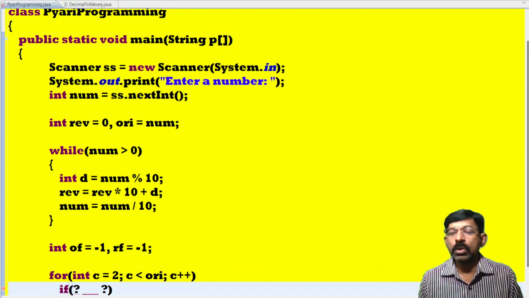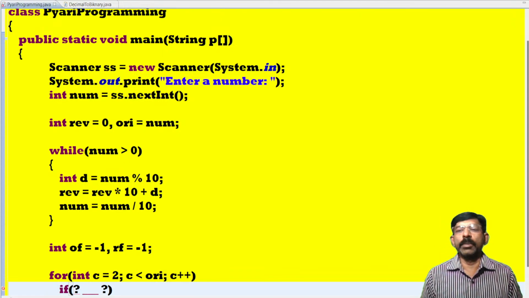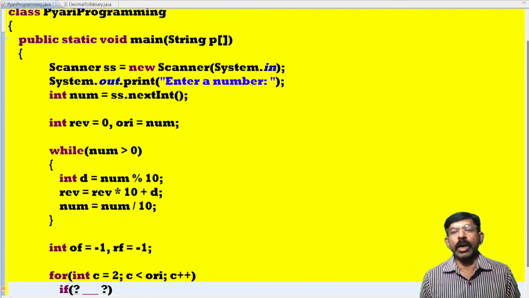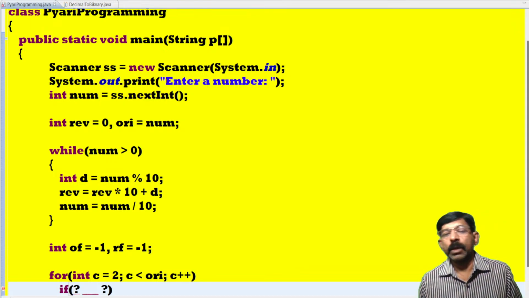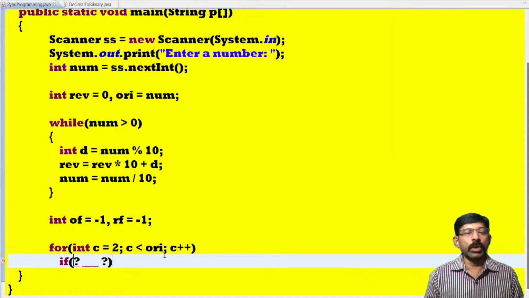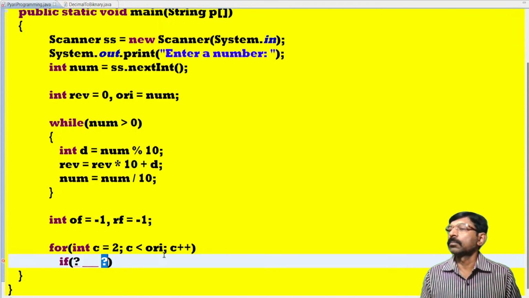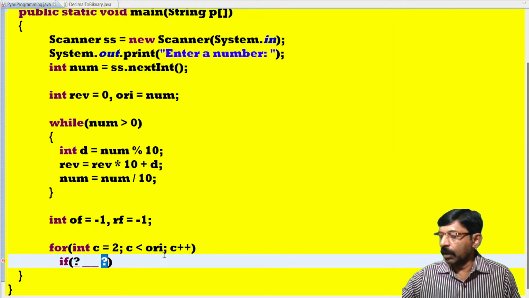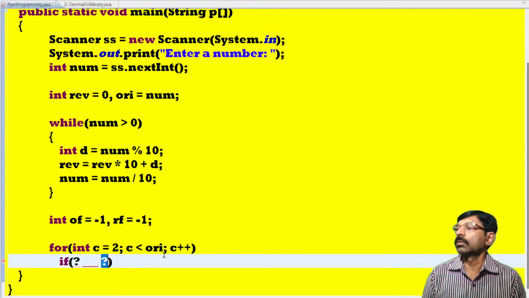It is not or, it is ori because we have taken the variable as ori. Good job, Ayushman. Okay, so quickly tell me which one I should take over here. These are your jobs, you have to recall in the examination.